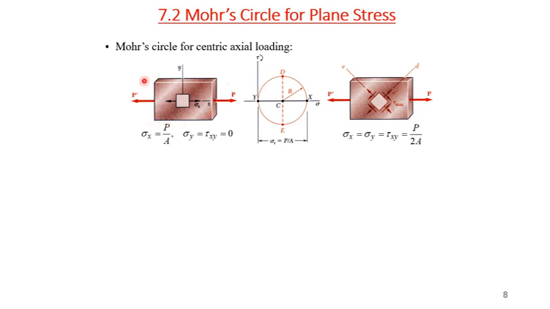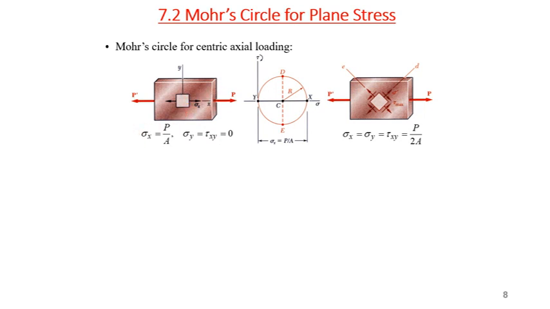Suppose we remember the axial load P and P prime, and the cross section area is A. So let's consider this small element. In this element we have stress sigma x equal to P by A, where sigma y and tau xy will be 0, right? This element's side is parallel to this edge and this is parallel to this edge.